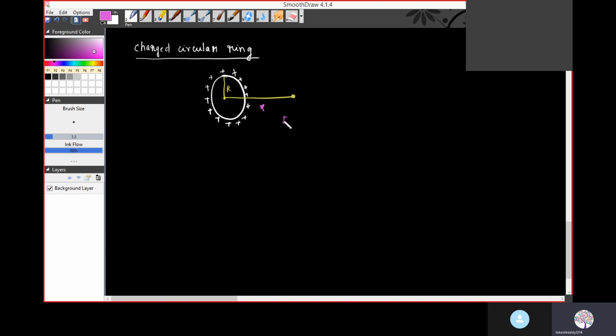The electric field on the axis is equal to 1 by 4 pi epsilon naught, times Qx by (r square plus x square) whole power 3 by 2. This is the electric field at the axis.